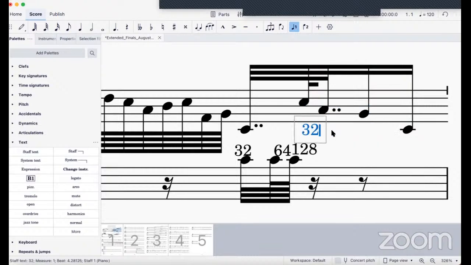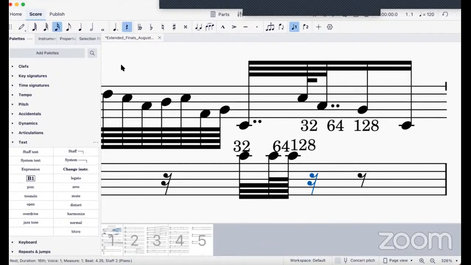That is 32nd plus 64th plus 128th. 2 128ths give a 64th. 2 64ths give a 32nd. 2 32nds give a 16th. So how many do we have here?